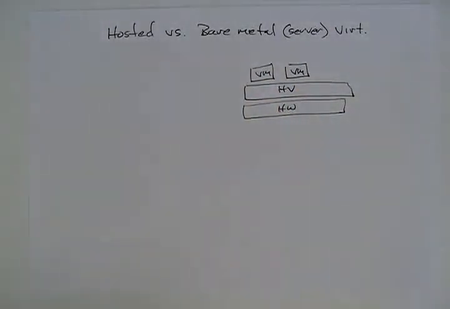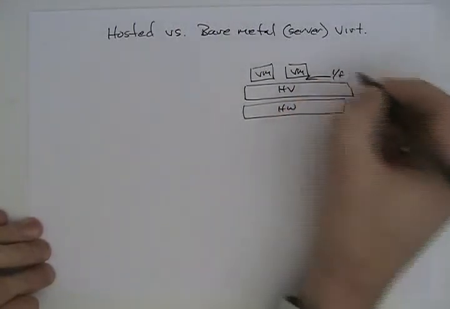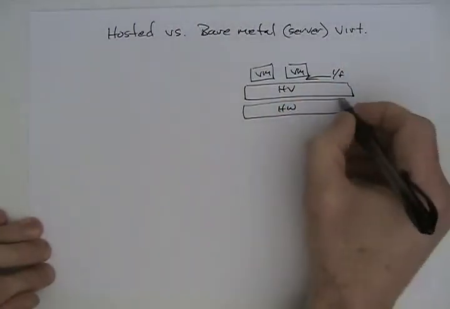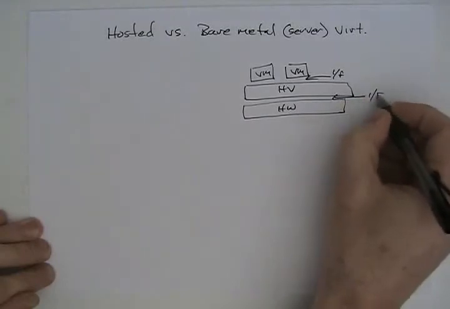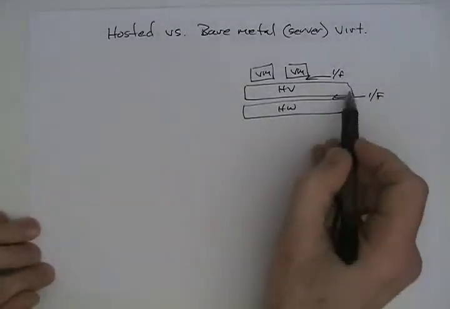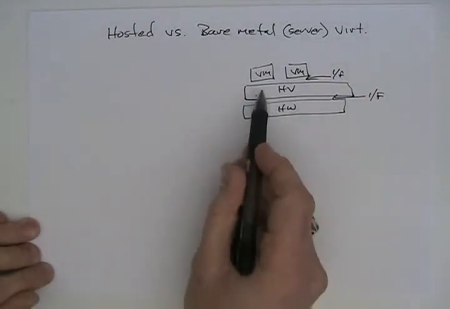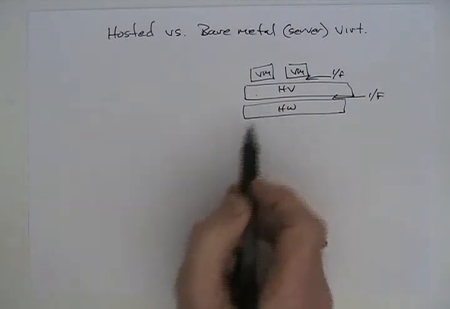This is a model very much like the OS model. You have an interface here, which looks like the interface between the hypervisor and the hardware. The hypervisor controls all the resources of the machine. It has the actual hardware drivers in it, and so on.